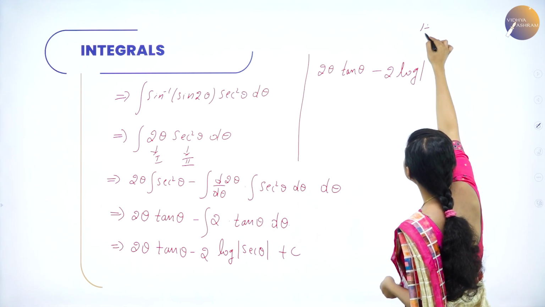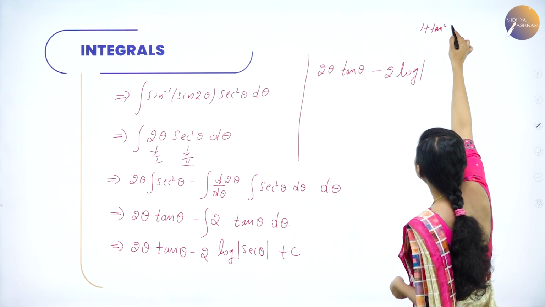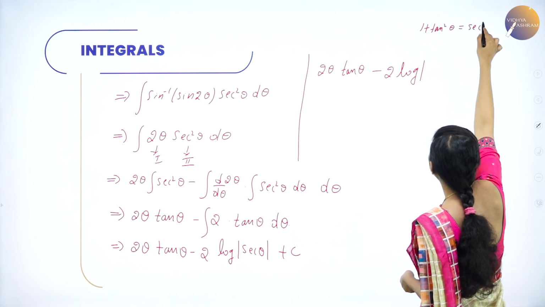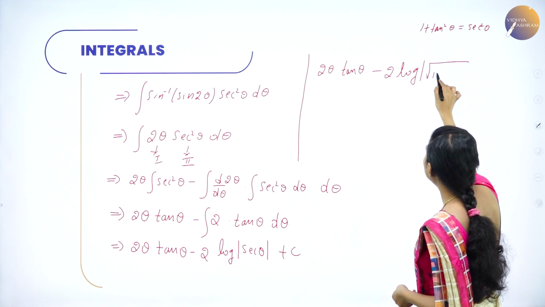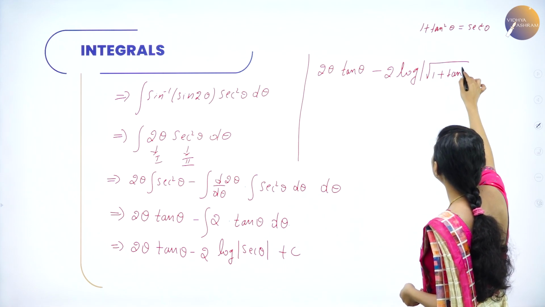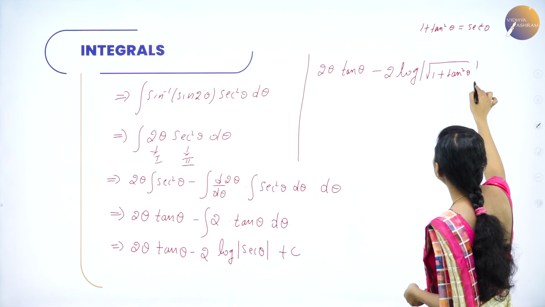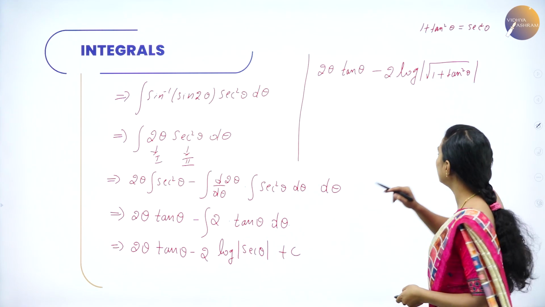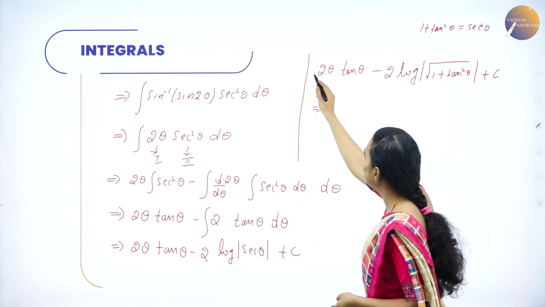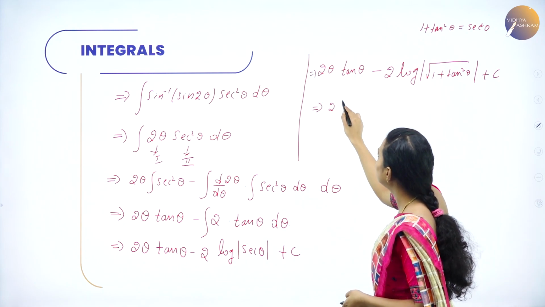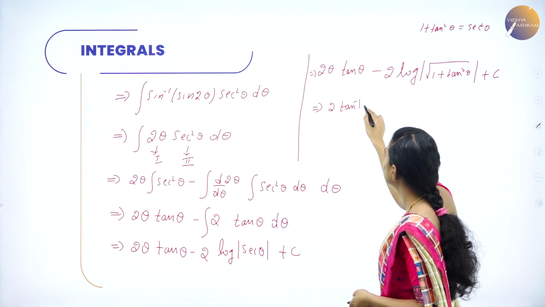What is 1 plus tan squared theta? 1 plus tan squared theta is secant squared theta. So, secant theta can be written as under the root of 1 plus tan squared theta. Why am I bringing this? Because you know tan theta is nothing but we have substituted as x, so that plus c. Now, therefore, substituting back to theta, you are getting 2 into theta is tan inverse of x, isn't it?